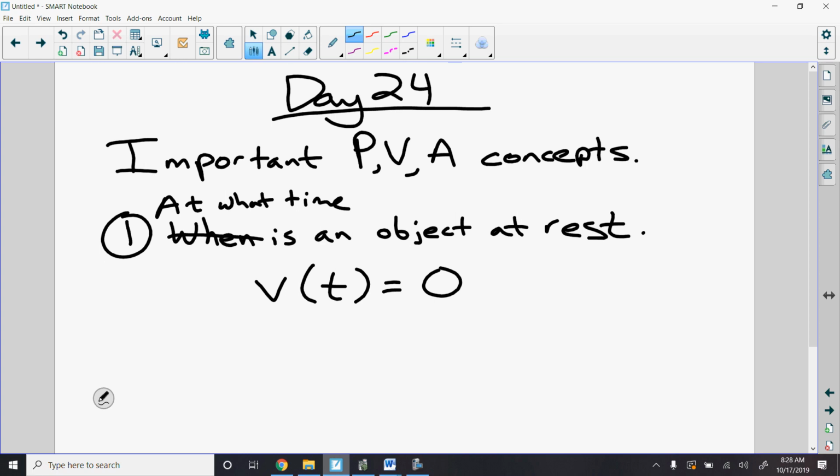Let's say an object's position is modeled by this function, x of t equals 2t squared minus 8t plus 1. The question is, at what time is this object at rest?